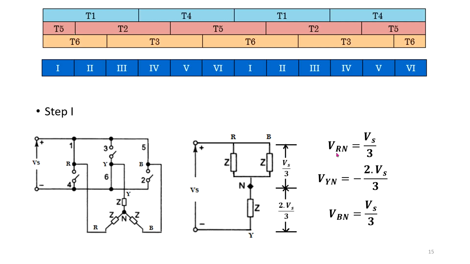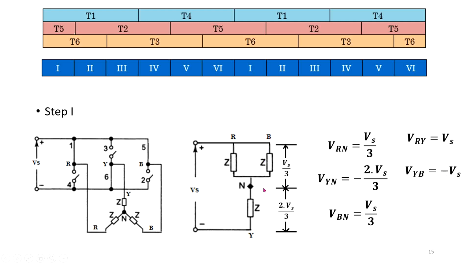I think you have understood this very well. We need to be careful. The point of care is this point, and we are taking Y. If we take from here to here, this is the total source voltage, and if we take VYB, this is from this point to this point.